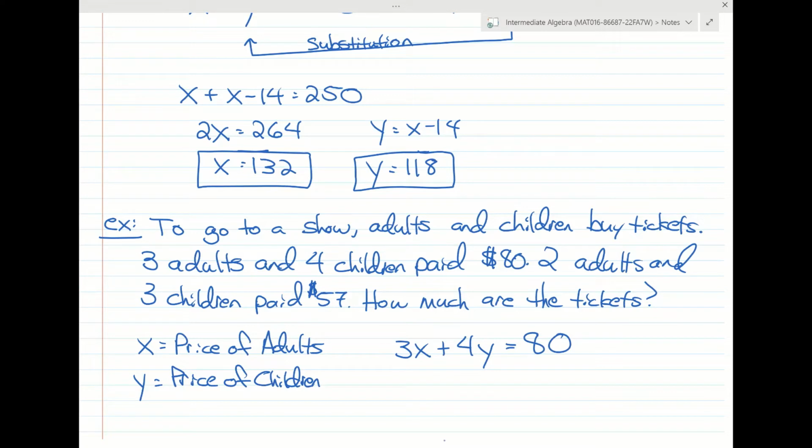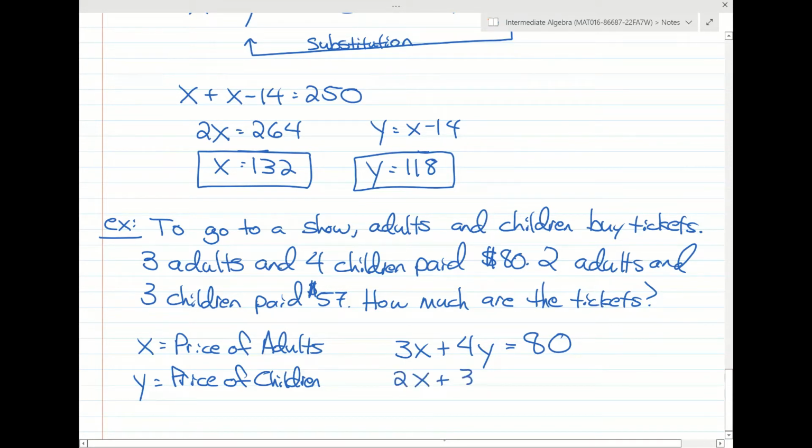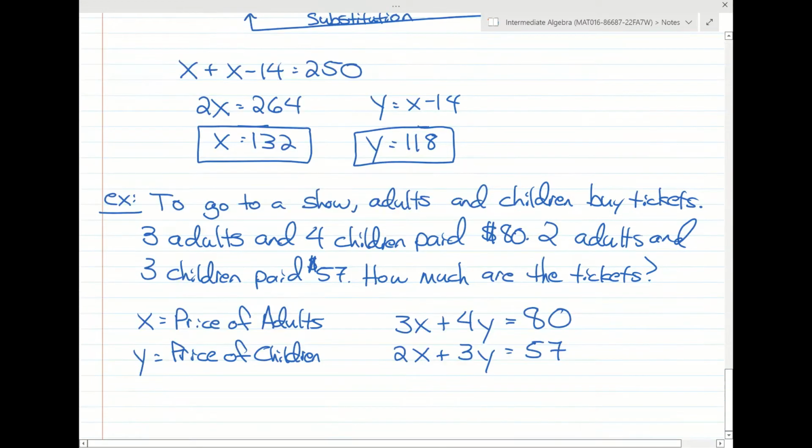So 3 times the price of adults gives us total money for adults plus total amount for children equals $80, which is the total amount. And then 2 adults and 3 children paid $57. And once you set it up, we could just use elimination to finish it.